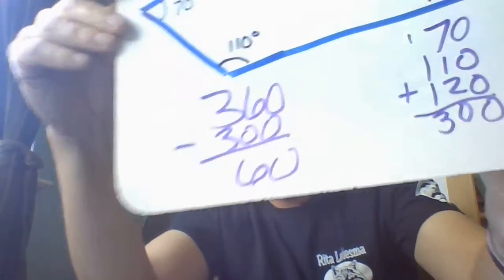You're going to add these together. So you're going to say 70 plus 110 plus 120, and you're going to add them all up. You get a 0 here. 7 plus 1 plus 2 is 10, carry the 1, and you get 300 degrees. So now we can take 360 minus 300, and you will get 60 degrees left over.